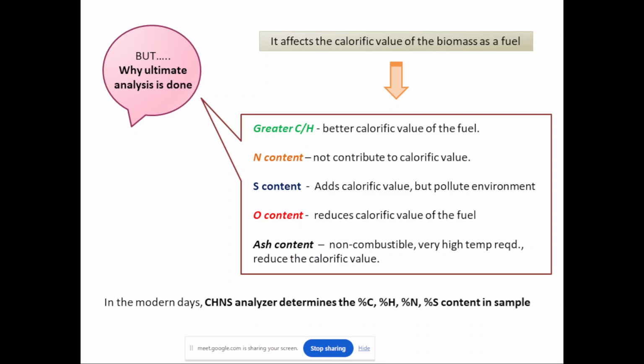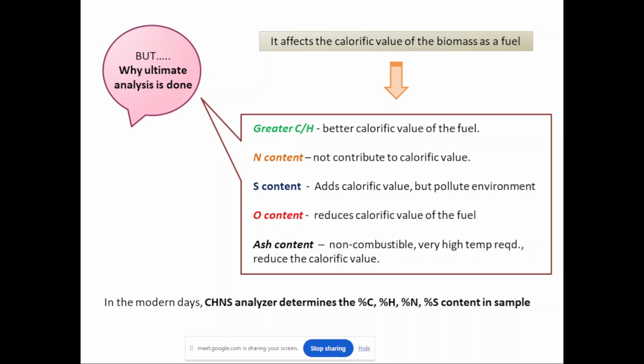So this term is important here because the amount of elements present in our biomass sample will affect the calorific value of our biomass as a fuel when it is used in some applications. So how is it going to affect, or which elements are going to affect our calorific value?